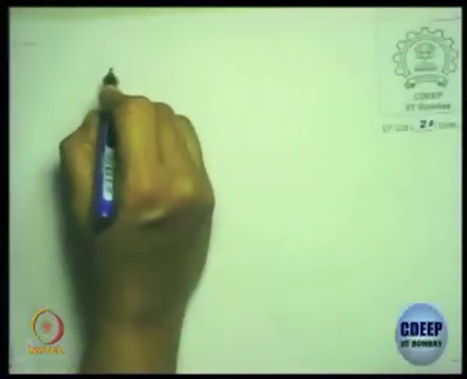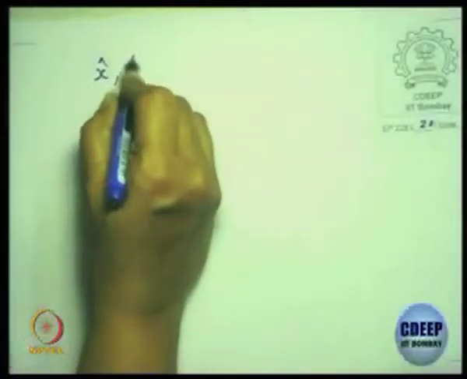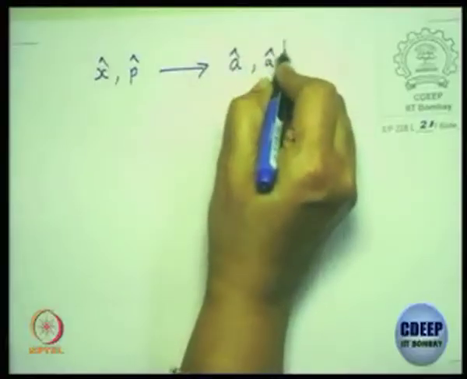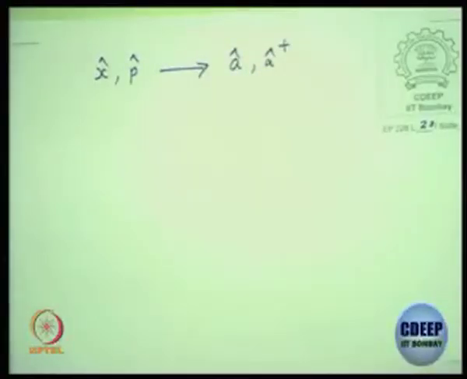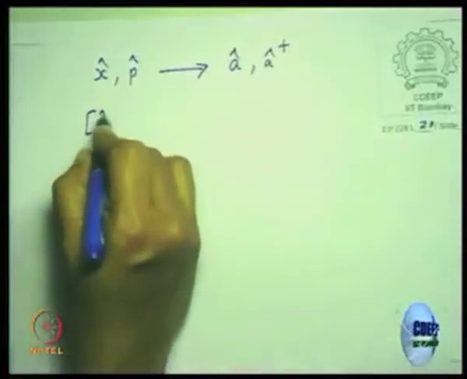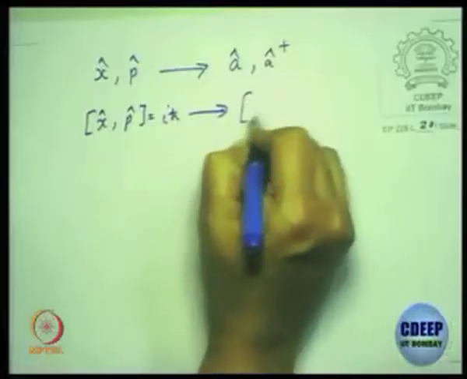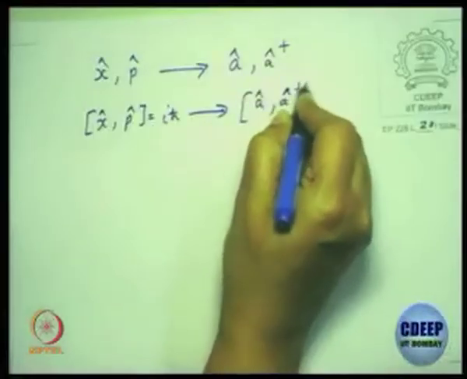So what is the summary of what we have done today? First, we introduced X and P in the harmonic oscillator. We went on to A and A dagger, and using this algebra of X and P equal to i h cross, we went on to write the A, A dagger commutator is 1.